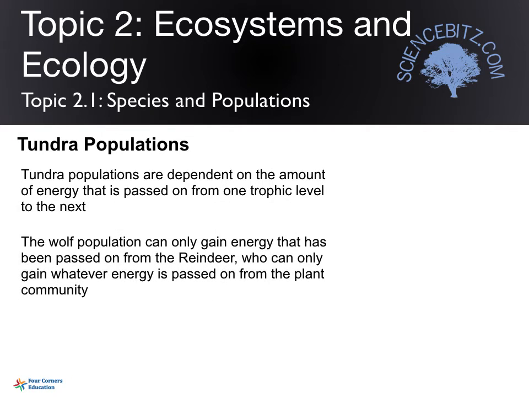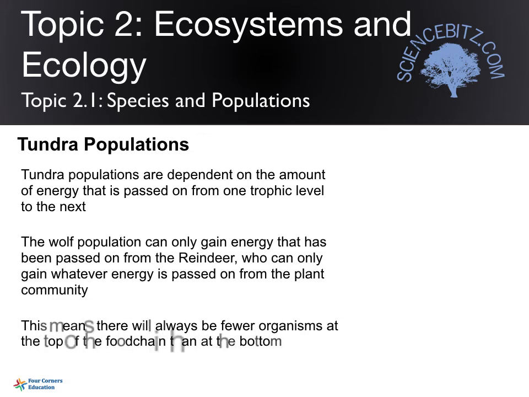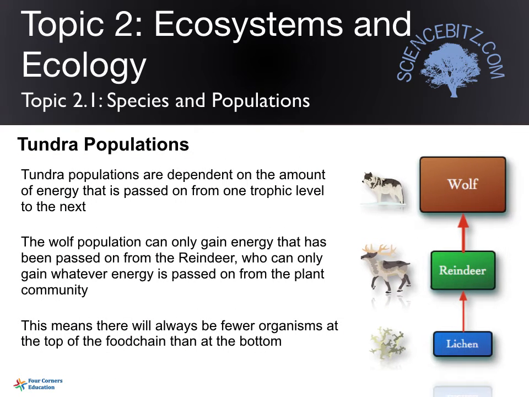So the wolf population can only get its energy from the reindeer, and the reindeer can only get its energy that's been passed on from the plant community. So ultimately the wolf is dependent upon the plant community. This means there's always going to be fewer organisms at the top of this food chain than there are at the bottom of it. We'll look at this in more detail in a later video.